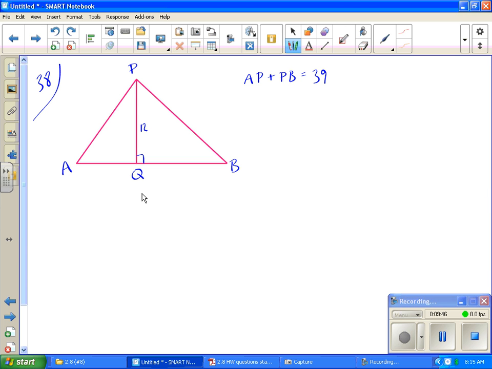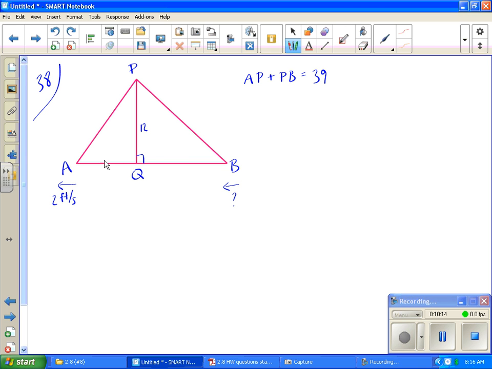And between the carts, cart A is being pulled away from Q, so A is being pulled this direction at a speed of 2 feet per second. How fast is cart B moving towards Q? So if this one's going this way, this one's got to be going this way. So this is what we're trying to find here. At the instant when cart A is 5 feet from Q.